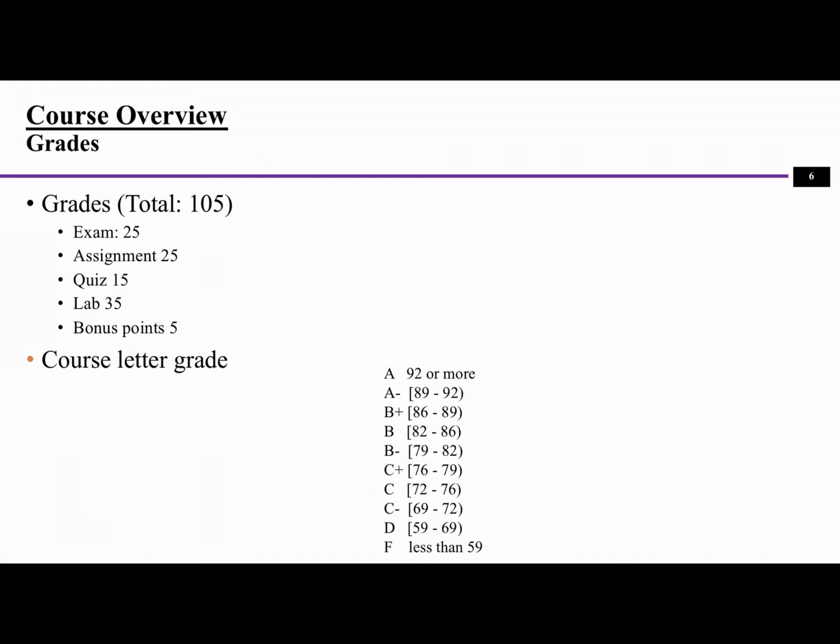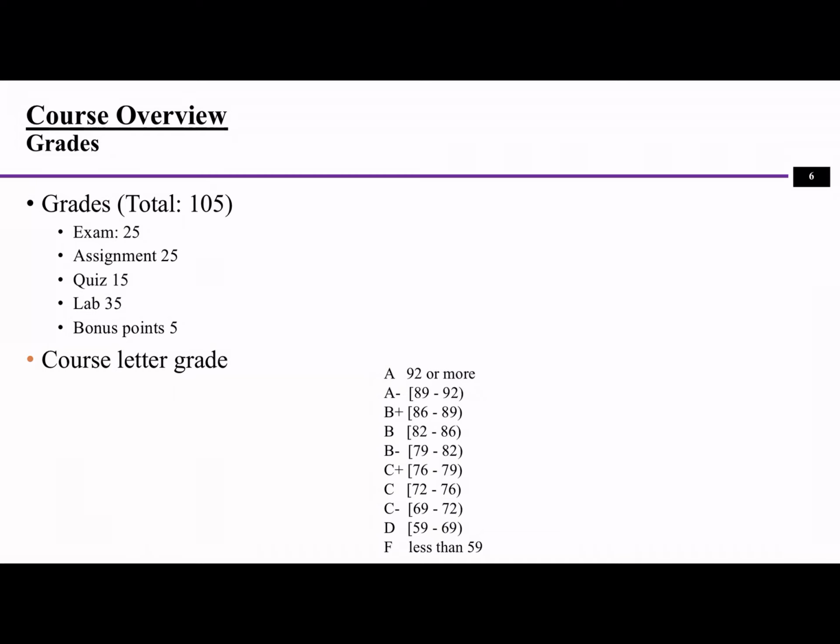And I'll give bonus points, 5 bonus points in total. They will be randomly assigned in some assignments. It might be in the final exam, it might be in the middle of the semester, or maybe in some of the lectures. For the course letter grade, as you know if you read the syllabus, I do not use percentage and I do not curve.